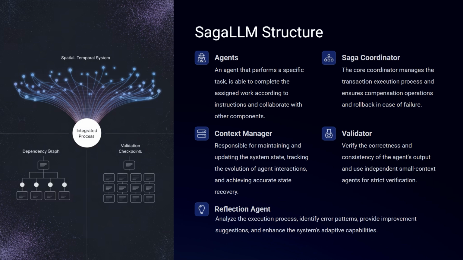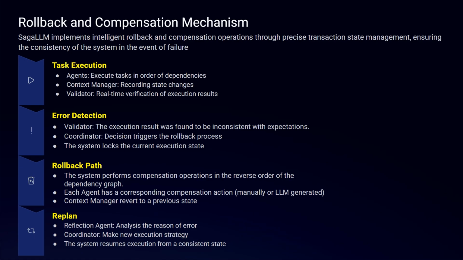The validator verifies the correctness and consistency of the agent's output and uses independent small agents for strict verification. The reflection agent analyzes the execution process, identifies error patterns, provides improvement suggestions, and enhances the system's adaptive capabilities.